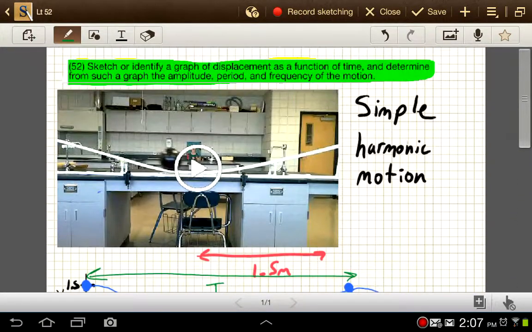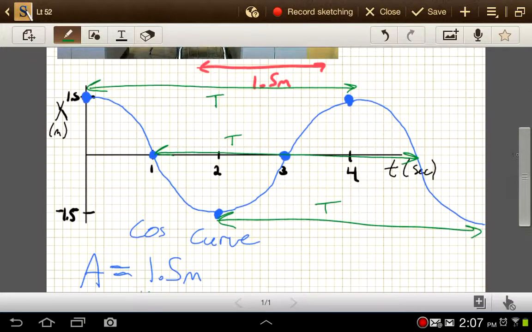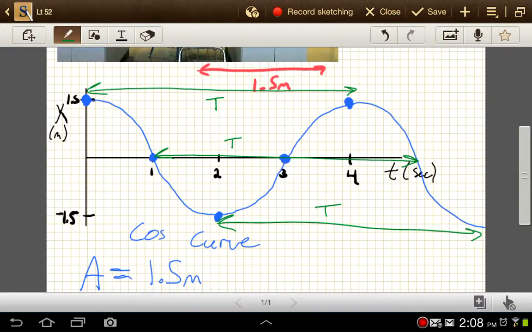And then last up, we need to know about the frequency. So the frequency is a measure of how frequently this motion takes place, or how many cycles, how many complete oscillations back and forth we have for every certain amount of time. Typically the amount of time we use is 1 second.